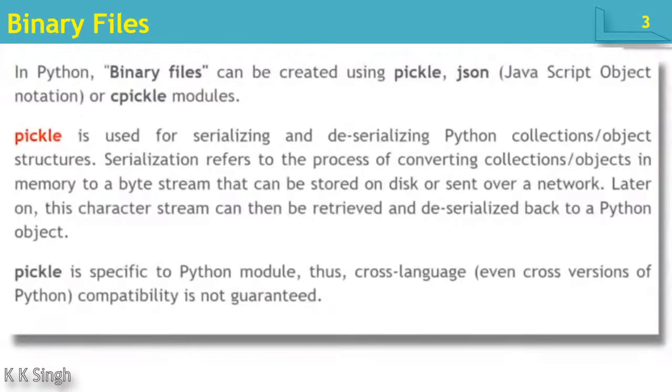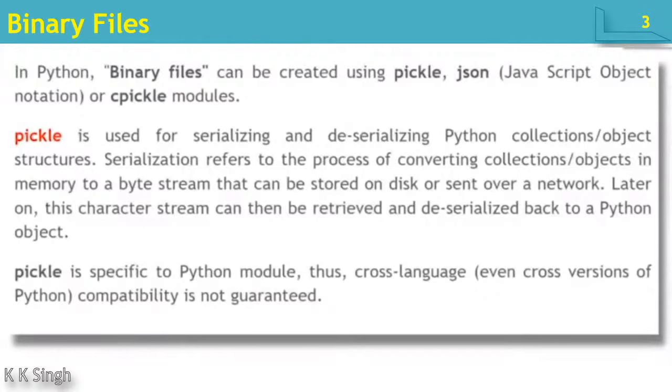Pickle is specific to Python, thus cross-language, even cross-version compatibility of Python is not guaranteed, because the information written onto the binary file using Python might create problems when you switch from Python to C++ or C or any different language.